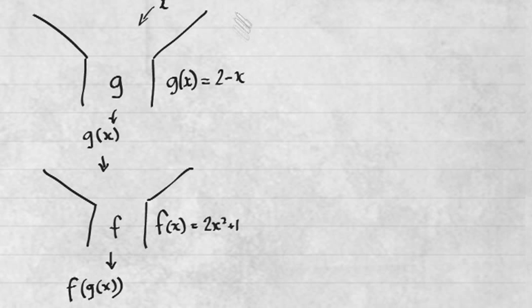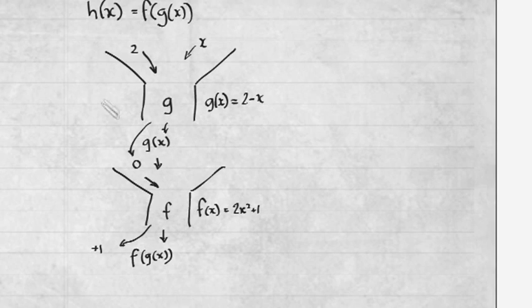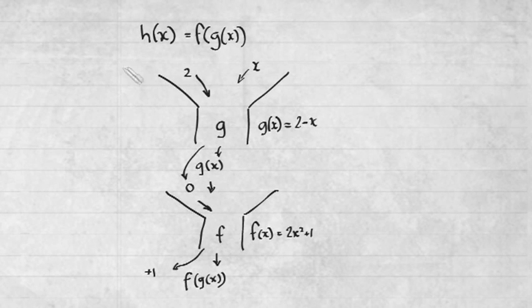For example, let's put a 2 into g of x. Out of the bottom of g of x comes 2 minus 2, or 0. 0 feeds into f of x. F of x is 2x squared plus 1, so it takes 2 times 0 plus 1, and the result coming out the bottom is 1. Now we can think of the whole machine as being h of x.